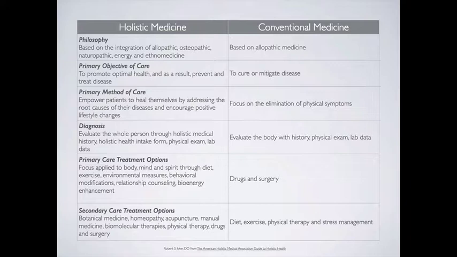We could consider strengths and weaknesses, which the chart in the book talks a little bit about. I would say the obvious strength of conventional medicine is in the acute setting, trauma, hospitals, emergency rooms, etc. That's definitely a strength. A weakness would be chronic disease.